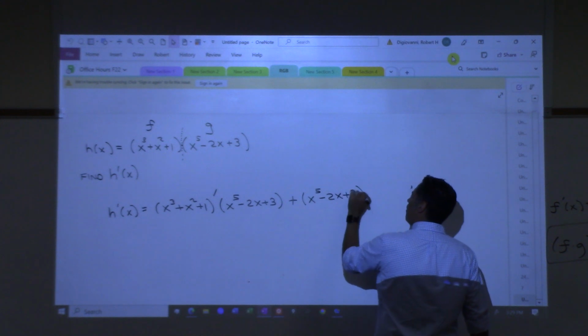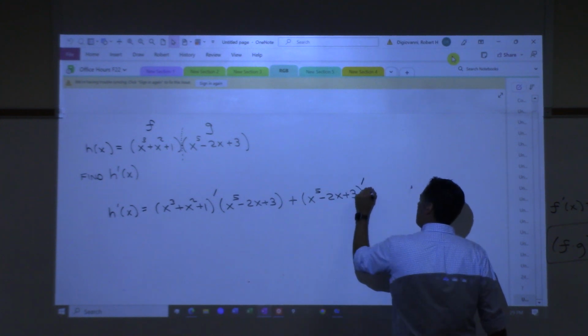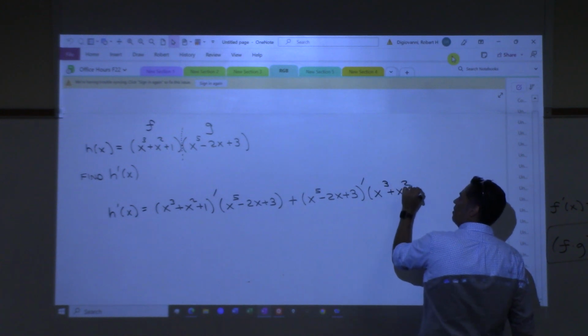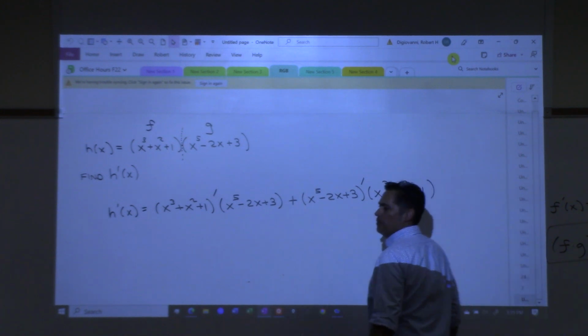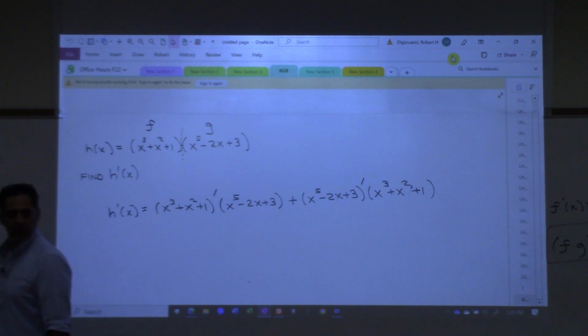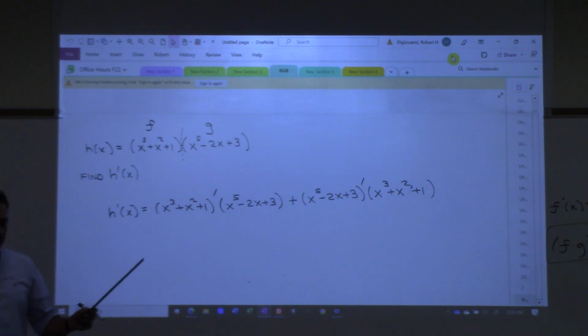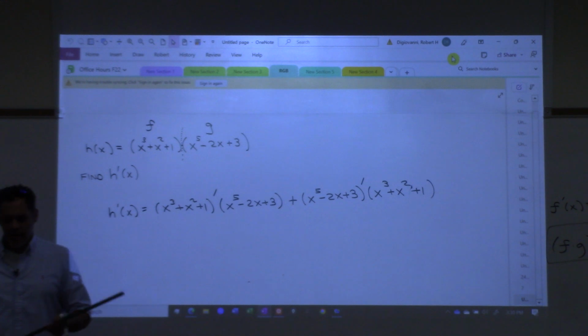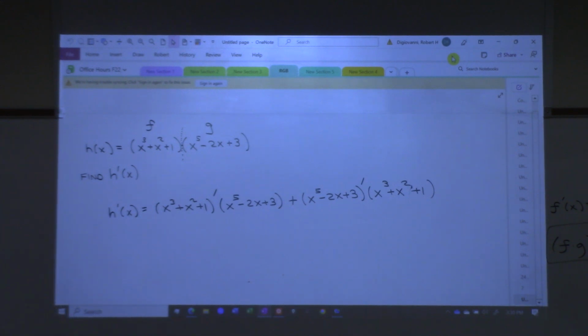I'm just going to write it with a prime. And then when I'm done with that, I need to multiply by the f function, which is this, and I'm not taking the derivative of that at all, right? Do y'all see how this works? It's not as simple as we wished it would be, but it's also not super complicated, right? It's like they're just taking turns with the derivative, right? They each get the derivative applied to them once, and then we add the two answers together.